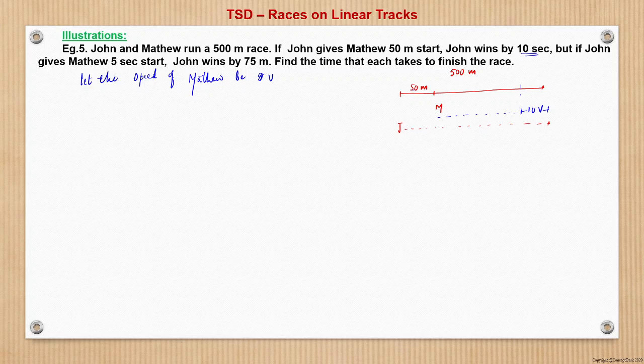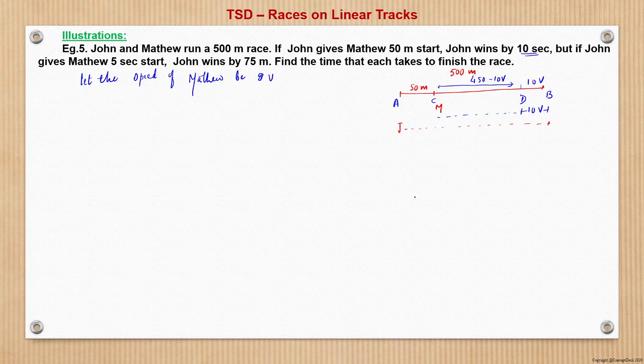Now see, this is 50 meters, this is 10v. So what does this mean? This is nothing but 500 minus 50 minus 10v, which is 450 minus 10v. Let this be C, and let this point be D.